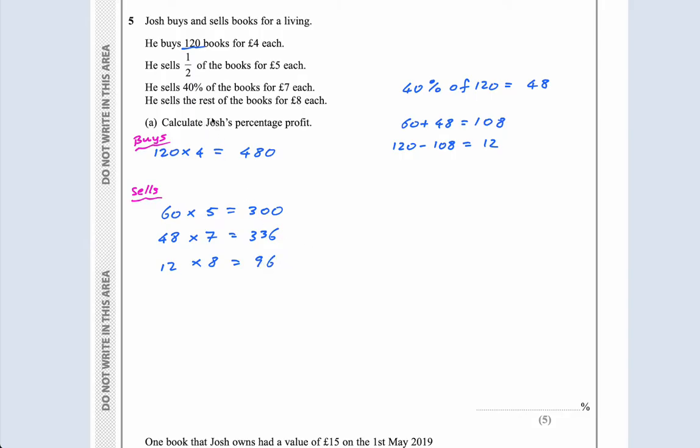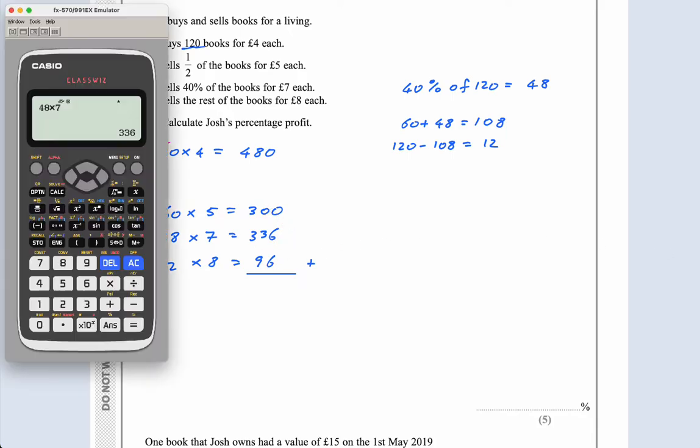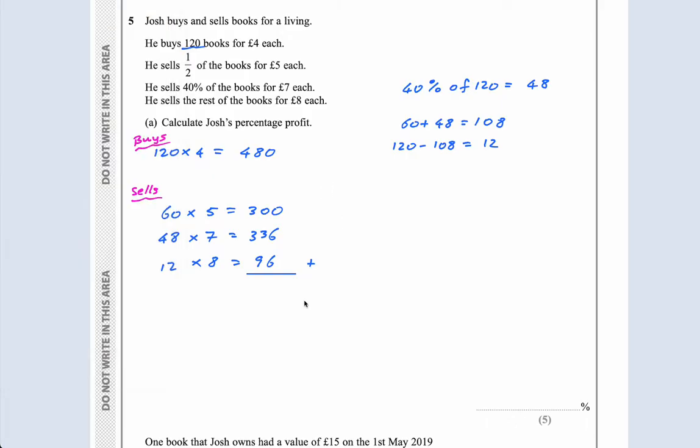Okay, so what's his profit? Let's add up all of these numbers. Plus 300, 336, and 96. 300 plus 336 plus 96, 732.